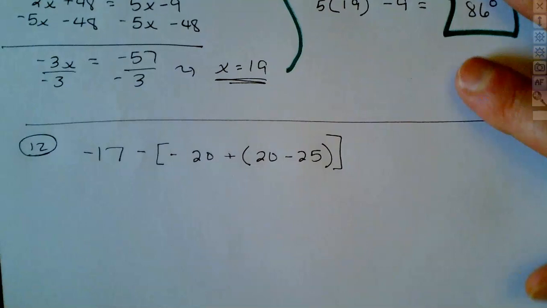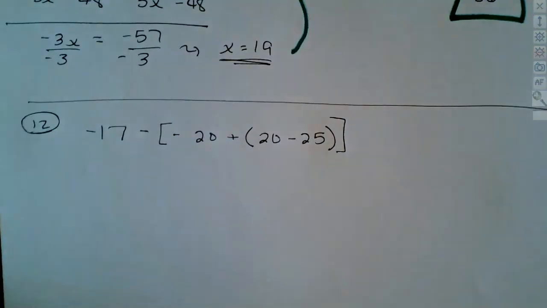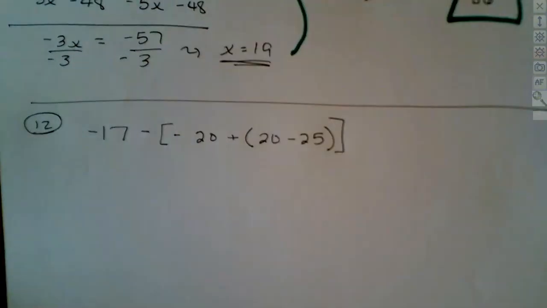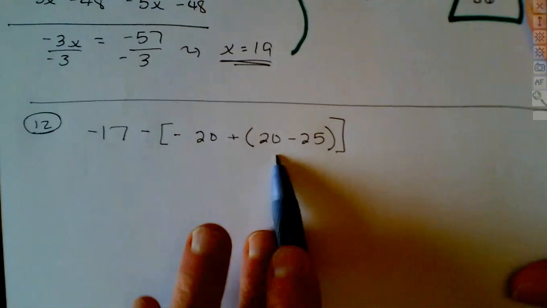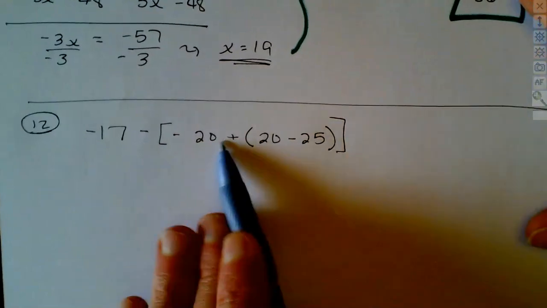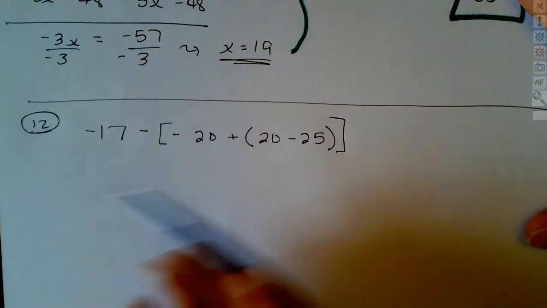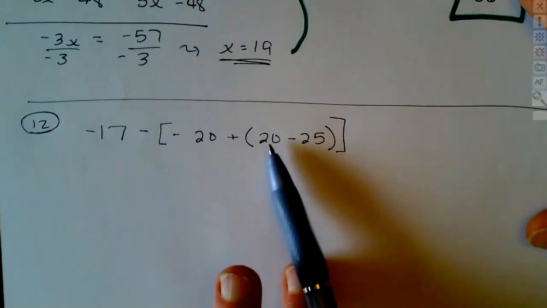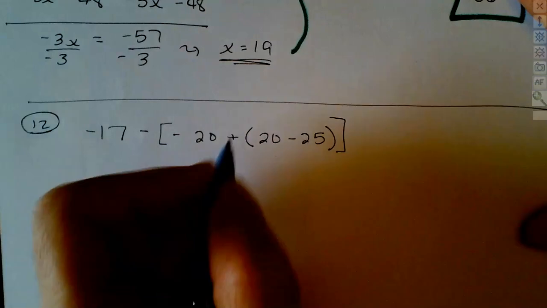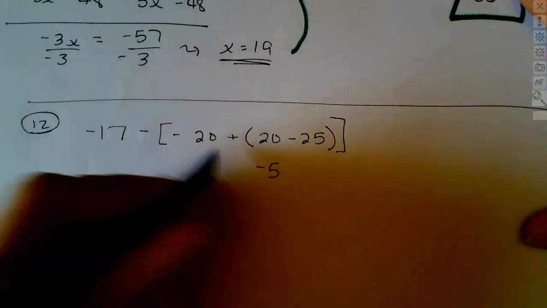Now, in some cases, like in this question specifically, we've got some extra parentheses. And we work from the inside and we slowly work our way out. So we're going to start here. That plus, we really don't need that plus with the parentheses because we can just put these together. So 20 minus 25, that's a minus 5.